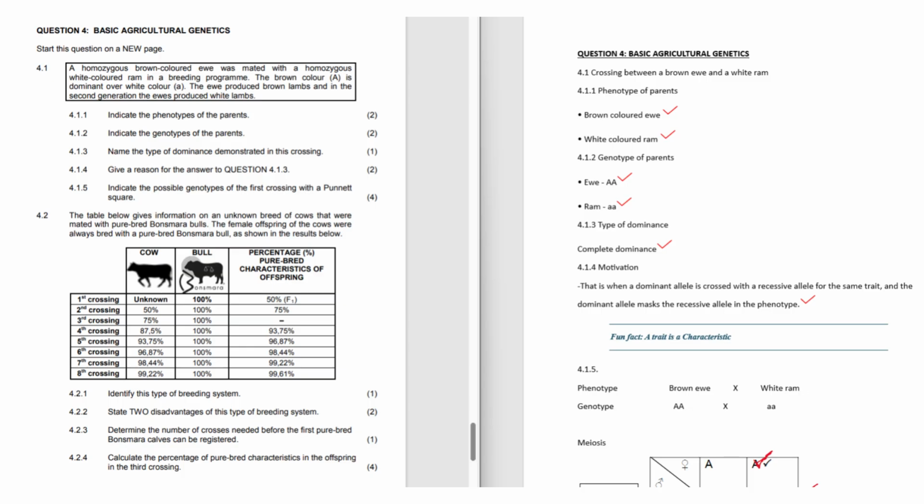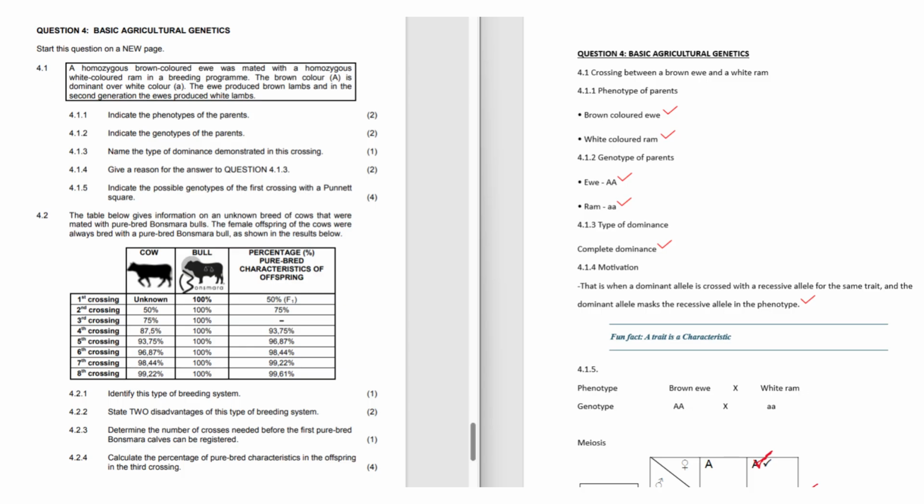4.1.3, the type of dominance that is demonstrated on this portion. The type of dominance is complete dominance. Okay? And you say give a reason for the answer.